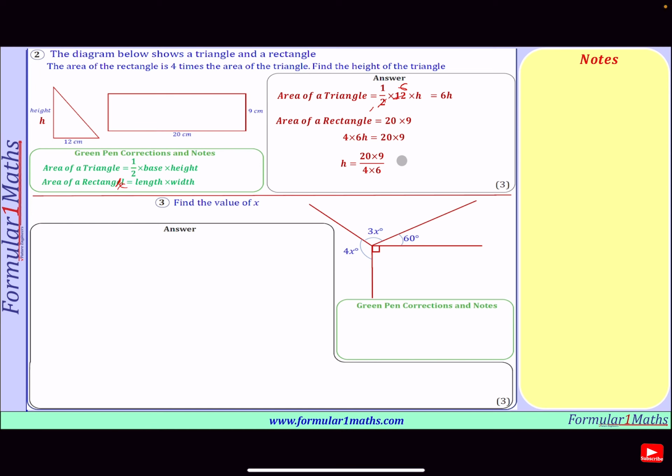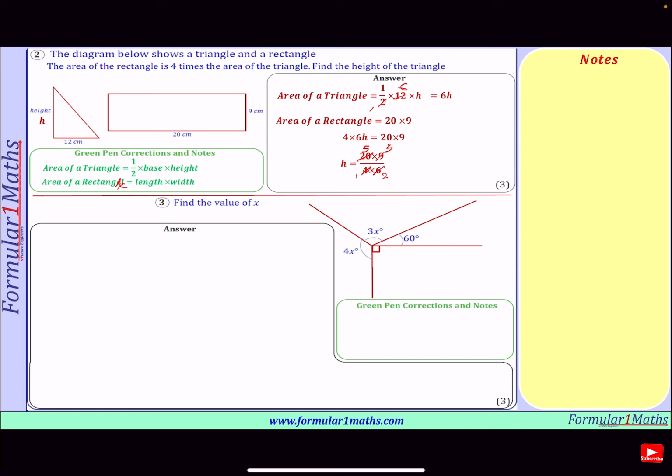I have deliberately written it this way because this is a non-calculator paper. I do not need to multiply them out and then go and divide big numbers. So now I can reduce the fractions by doing some cancellation. So 4 goes here, 1, and 4 goes there, 5. 3 goes here, 2, and 3 goes there, 3.